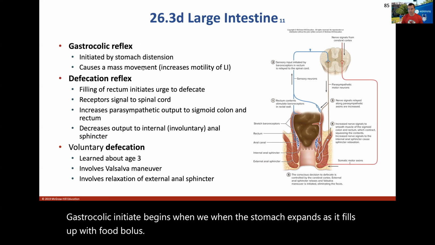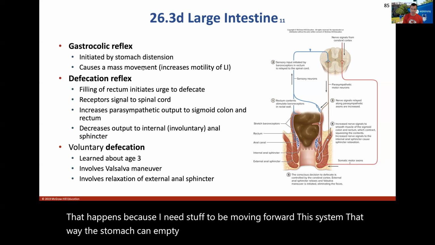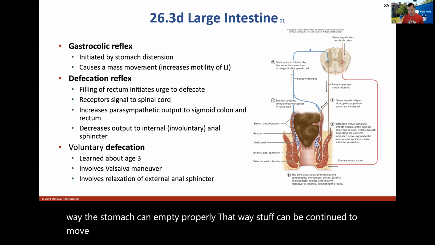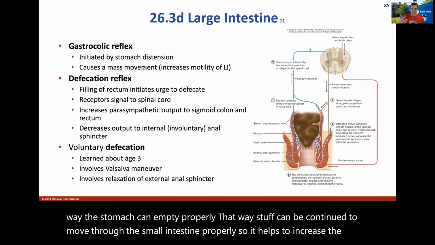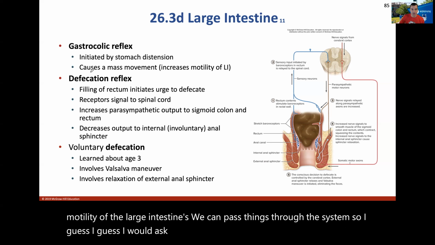That happens because I need stuff to be moving forward through the system. That way the stomach can empty properly, and stuff can continue to move through the small intestine properly. So it helps to increase the motility of the large intestine so we can pass things through the system. So I guess I would say that causes mass movement.